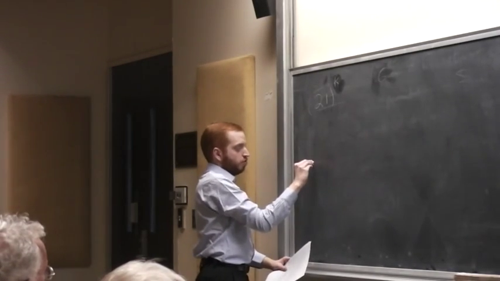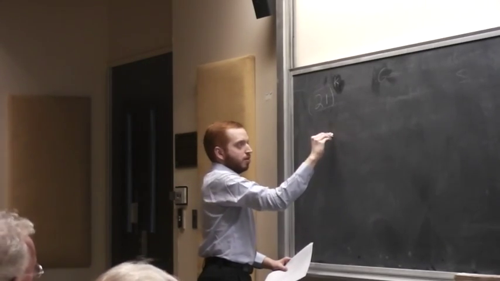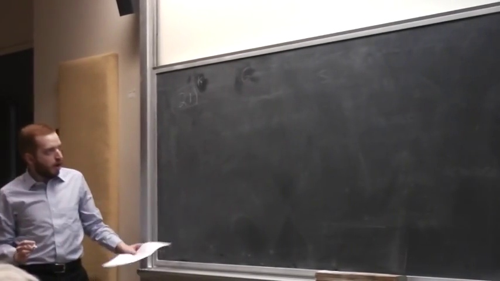So this permutation looks like this, and we want to know how many ways there are to add R elements to that permutation.